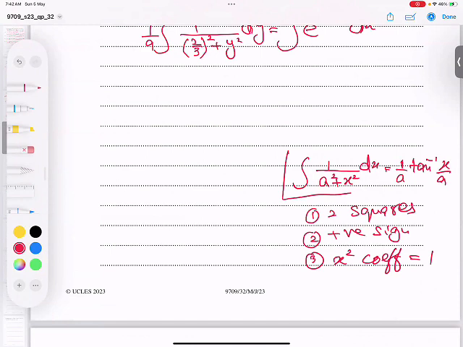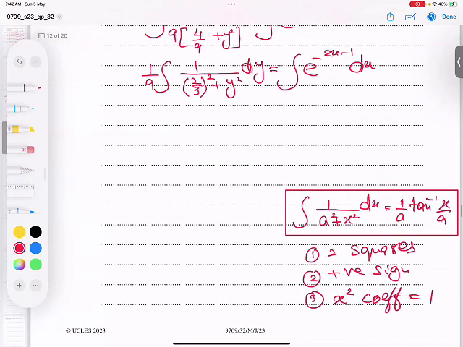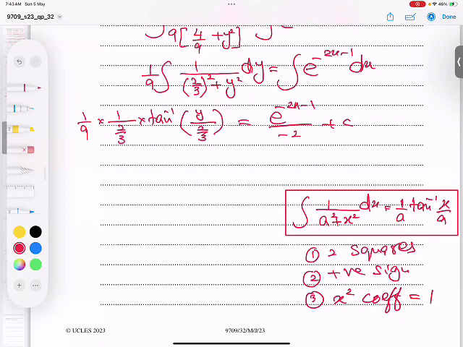So this is our formula, and I'm applying the same thing here. 1 over 9 stays outside, 1 over constant. What is the constant? 2 by 3, times tan inverse of variable by constant. And here, first you keep it as it is, divided by -2, and plus c.